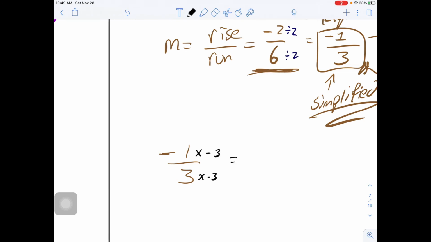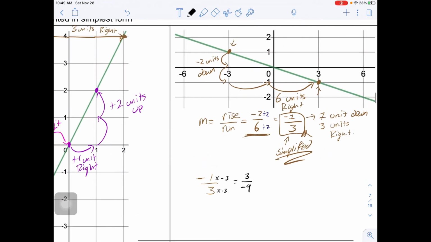That gives me -1 times -3, which is +3, and 3 times -3, which gives me -9. Now this is changing it up a little bit. This is 3 units up, go 9 units left, because remember, now my bottom is negative, but it will still work.